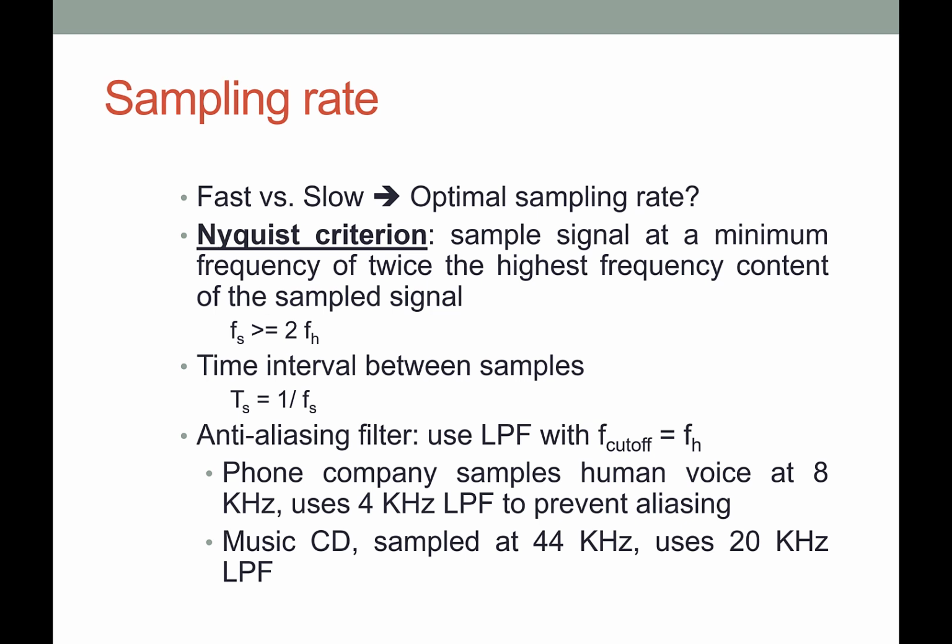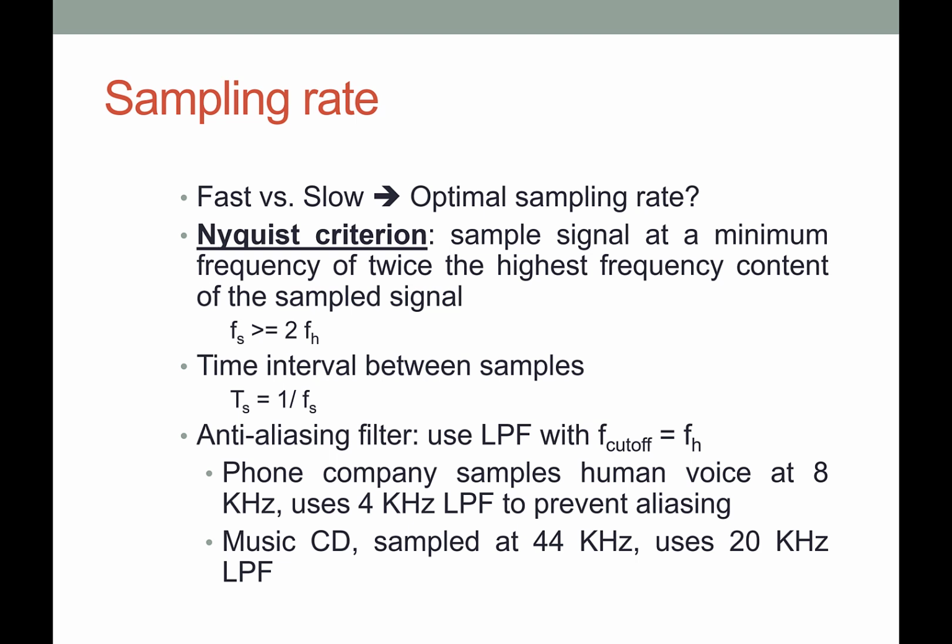Just as a general overview, one thing that we would have to be concerned with is sampling rate. You might say, okay, we'd like to sample as fast as possible. Well, that generally sounds true, but if you know that you're not going to have a signal that varies very quickly, then you're going to end up having way more samples.